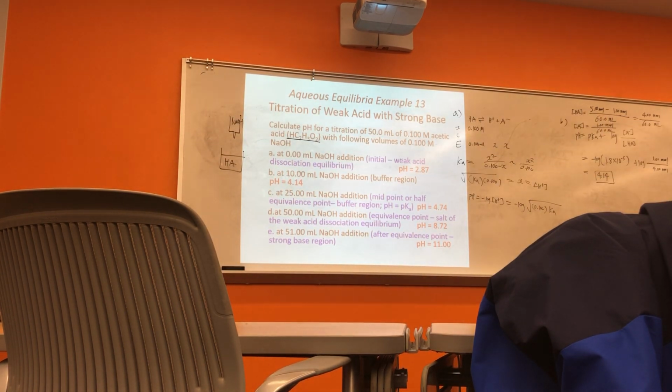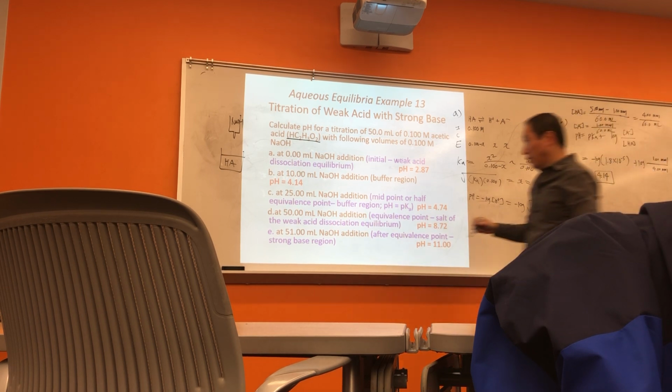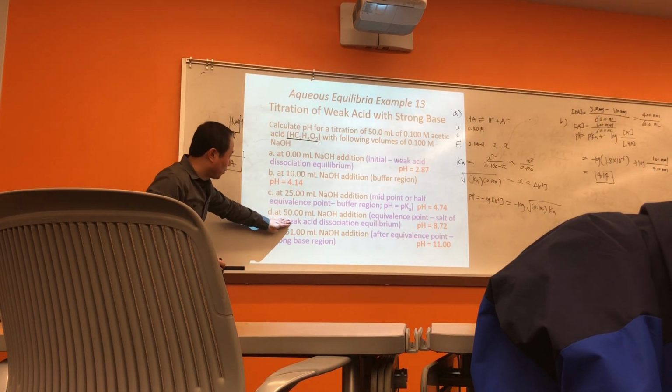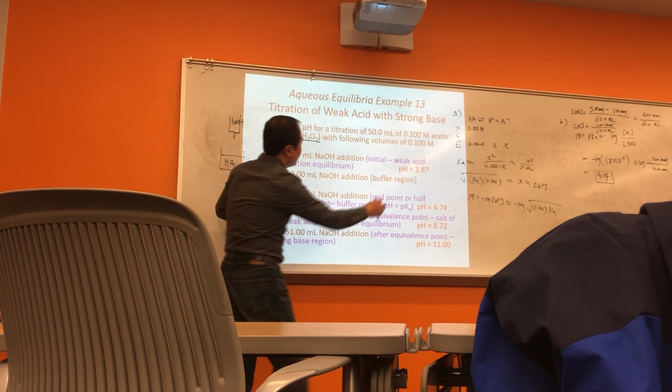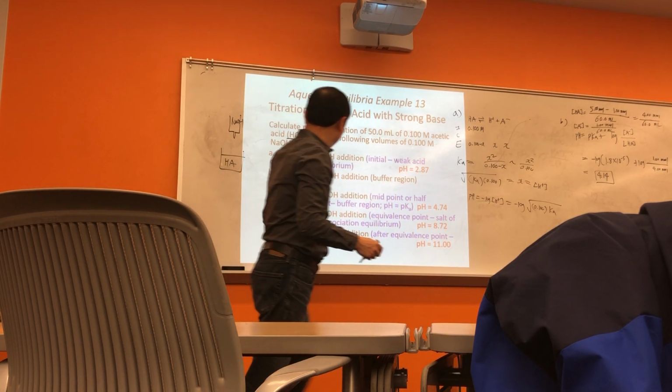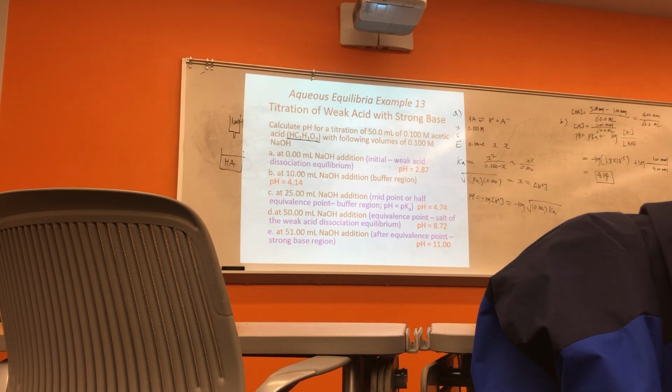So we start with 5.00 millimole. And then for D, now you're adding 50 milliliter of sodium hydroxide, but the concentration is still this, so you multiply 50 times 0.1, and then we have exactly 5 millimole.